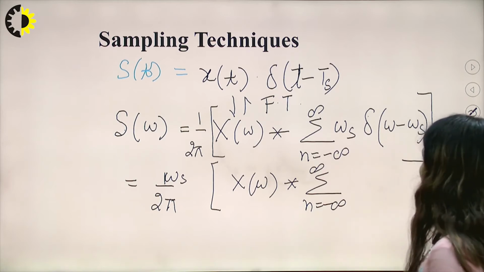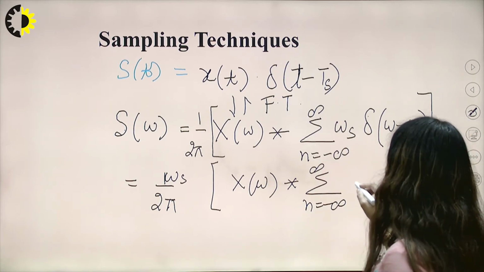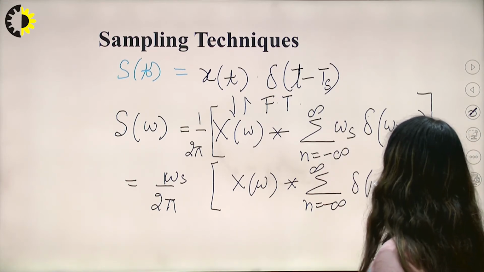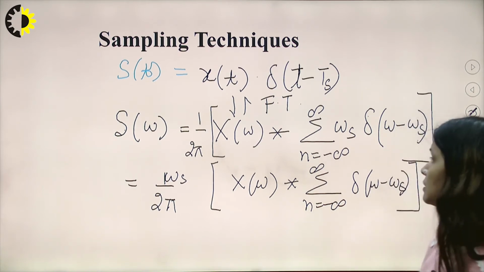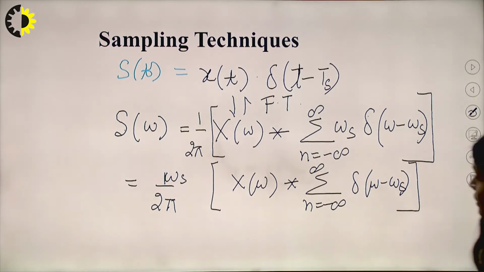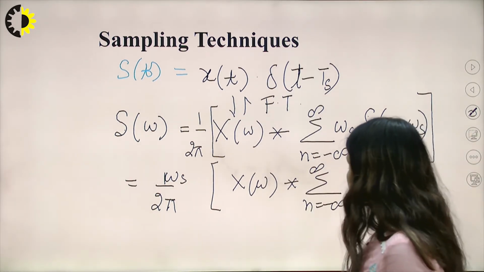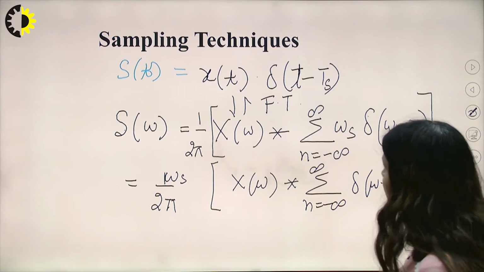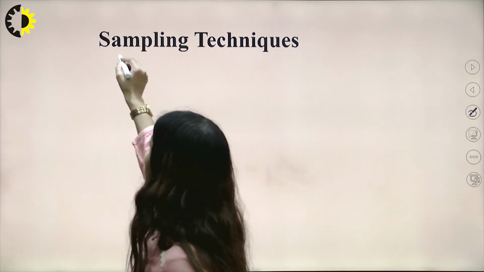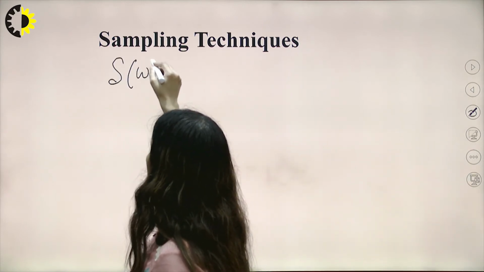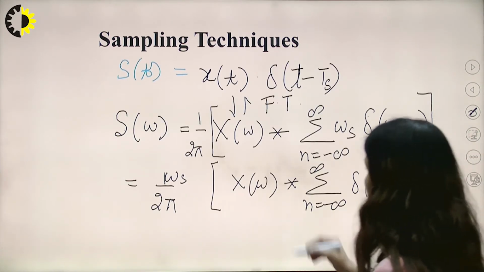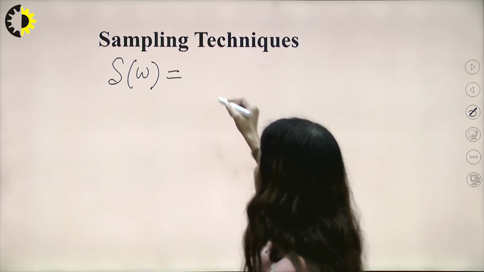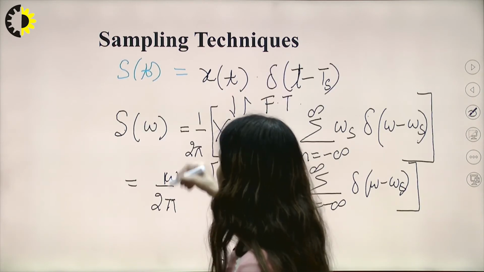This omega s is already taken outside, so delta of omega minus omega s, like this. Now I will take this summation outside and what I get is S(omega) equal to X, taking this inside the summation. Here I have omega s upon 2 pi.